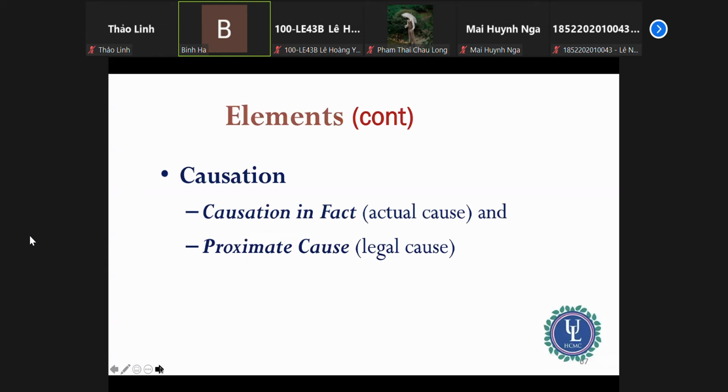So about causation, we already discussed the but-for test. This could be causation in fact, that is actual cause, and proximate cause, which means legal cause.